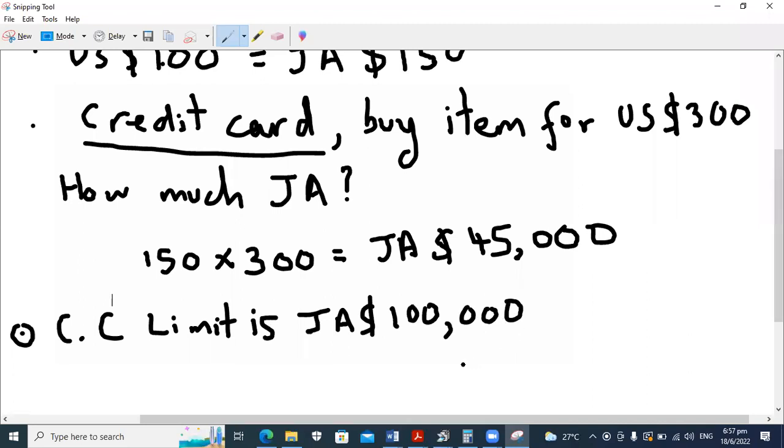So remember, he is using the credit card to buy the items.